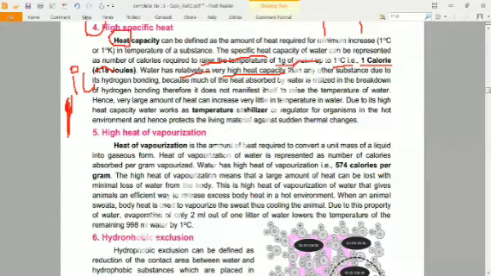Why does it have high heat capacity? That is due to the hydrogen bonding between them. To break these hydrogen bonds, it requires energy. Just take the example when we keep water on the stove and turn on the heat.